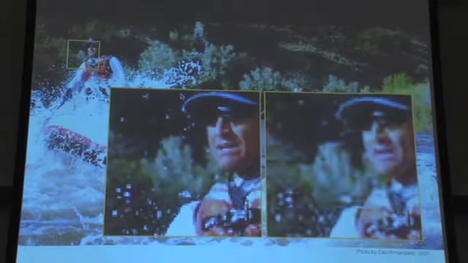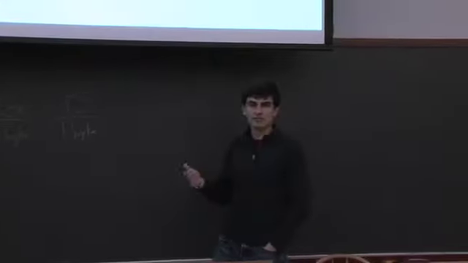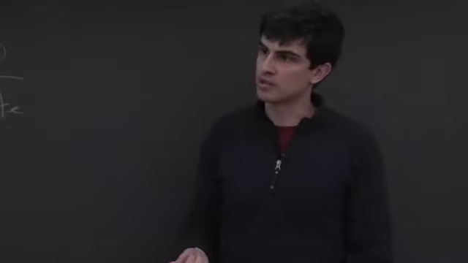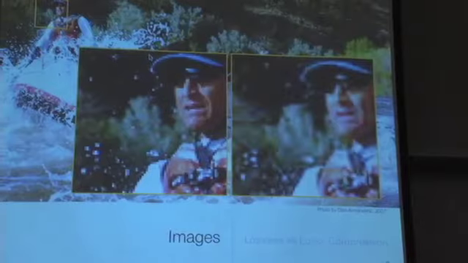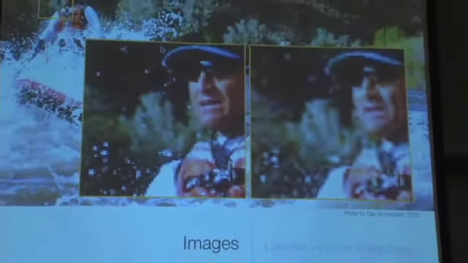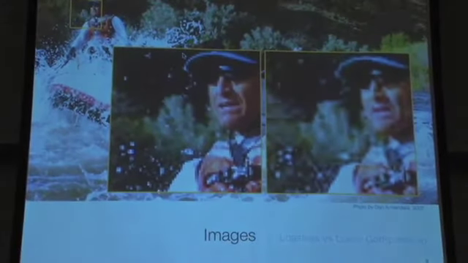What this means is that if you overdo it, like we did on this right image here, then you will pay the price in quality in your image. So you don't want to go overboard with the compression, because you can get what are called lossy artifacts. You can see artifacts as a result of the compression. The spray of water has become kind of smudged, we've lost color in certain regions, and we've lost definition in others, and there's a variety of things that change the way this image appears.